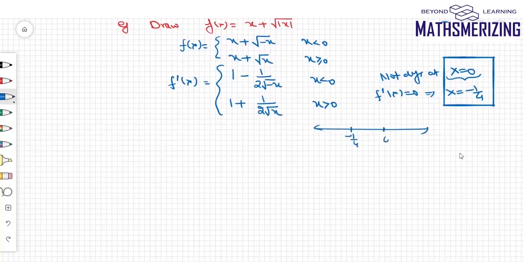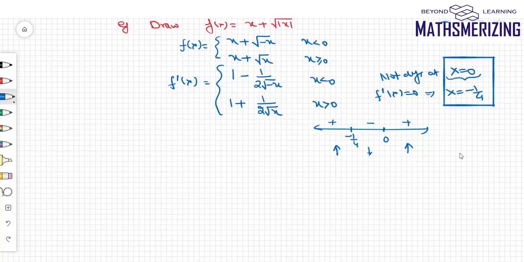So I'll put them on a number line. Rightmost it is plus, then minus, and then plus. So it will be increasing when x is less than minus 1 by 4, decreasing between minus 1 by 4 and 0, and then again increasing when x is greater than 0.